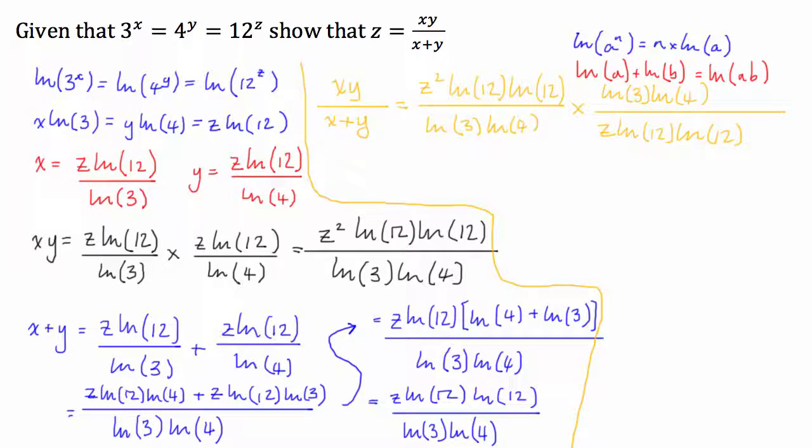Now what you're going to hopefully notice in this situation is that xy and x plus y are almost the exact opposite of each other, or the reciprocals of each other. So these two are going to cancel out and form 1. And so are the ln 12s.